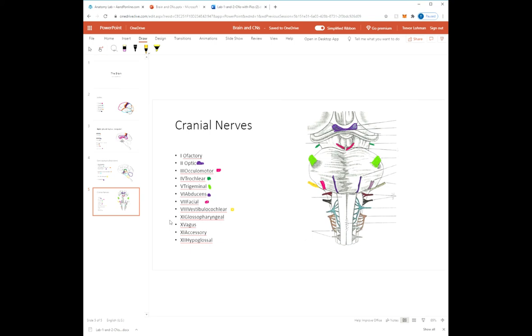I know that's a little obnoxious, but glossopharyngeal. Oh, this is wrong here. This is 11. It should be 9. I'll try to fix that before I upload it. They did a kind of, I guess, a plum. There it is, cranial nerve 9, glossopharyngeal.